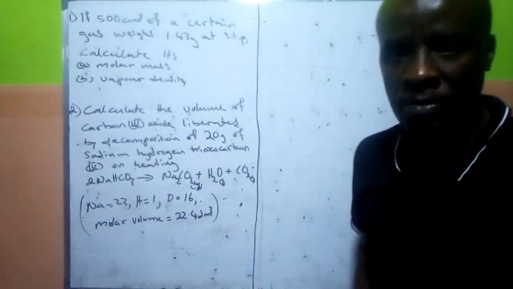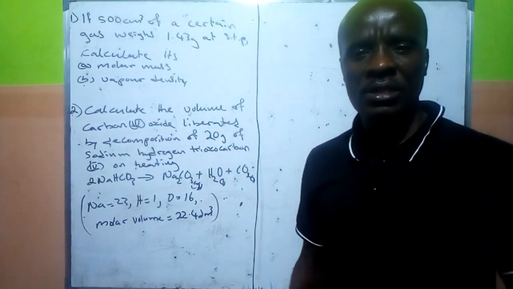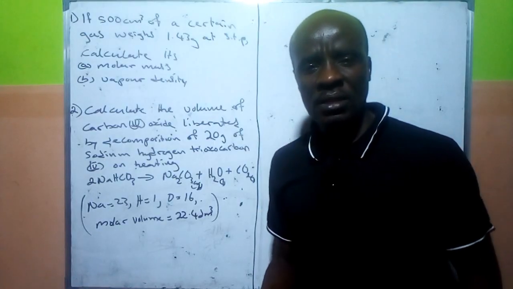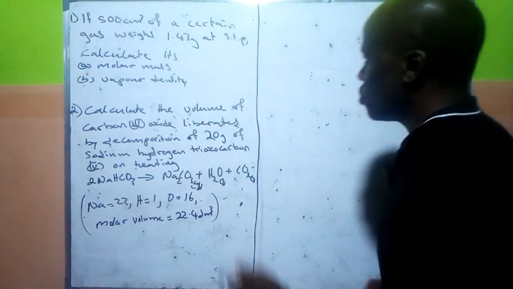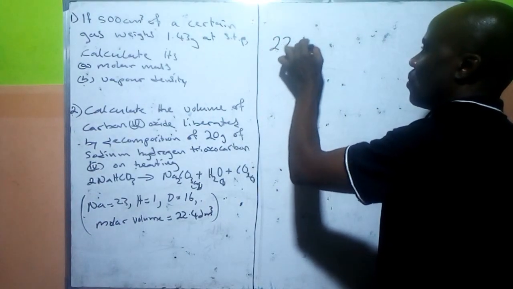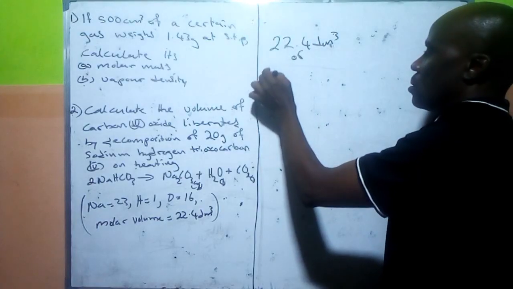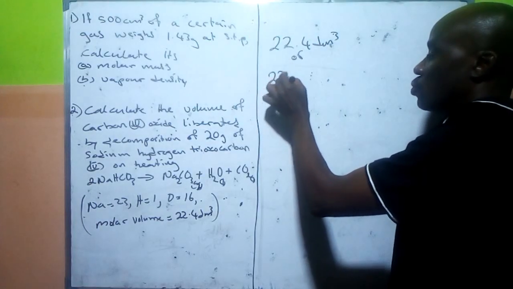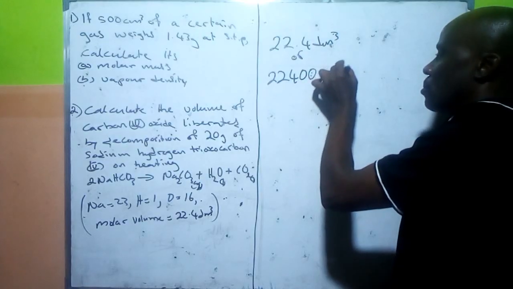At STP, that is at standard temperature and pressure, the molar volume of every gas is equal to 22.4 dm cube, or 22,400 cm cube.